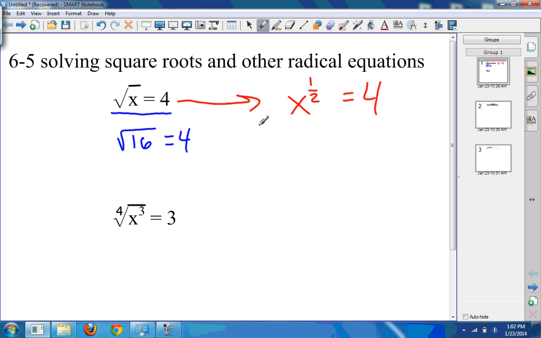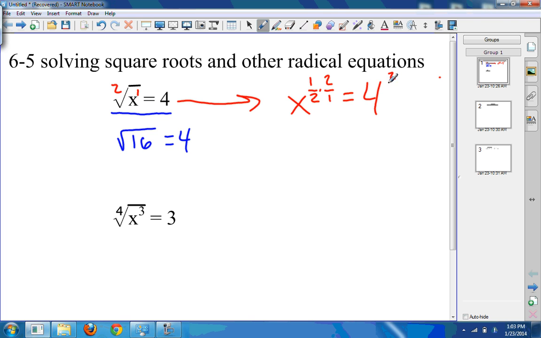Remember, we can change square roots in and out of exponential form. If I have x to the 1/2 power and I want to get x all by itself, we need to get rid of this 1/2 power. So the way we get rid of 1/2 power is to multiply it by its reciprocal, 2 over 1.